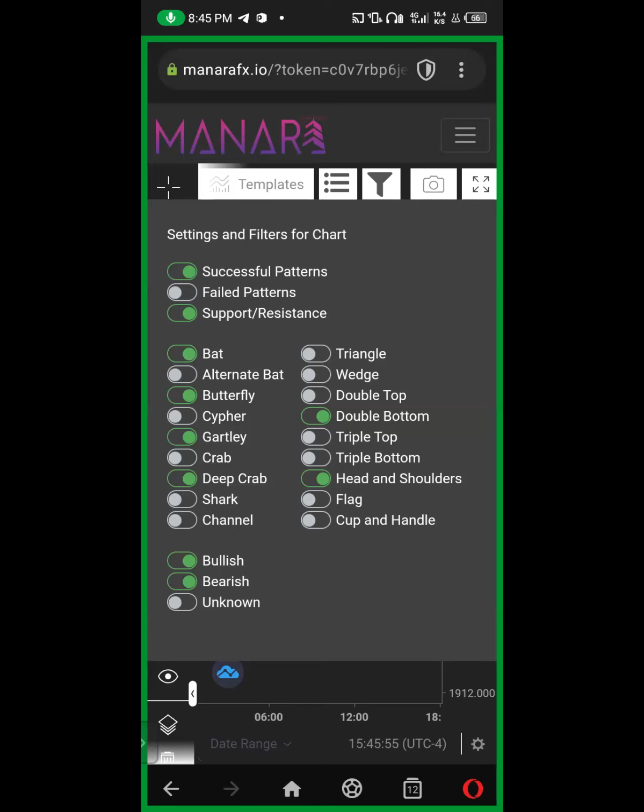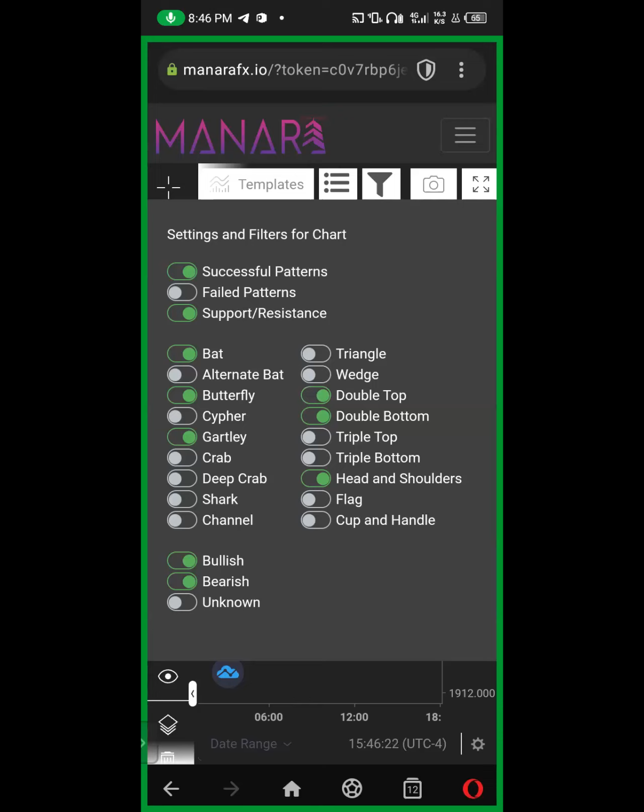But then there are other ones. For me, maybe you can add a double bottom, a Gartley, if you want, deep crab. Or better still, let me switch off the deep crab. A Gartley, a double bottom, a head and shoulders. If there's a double bottom, I want to choose double top too.